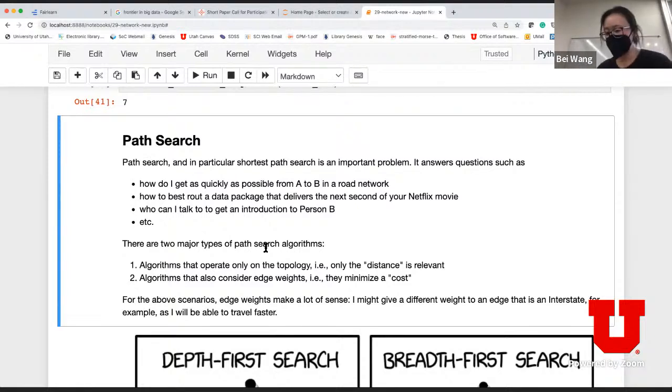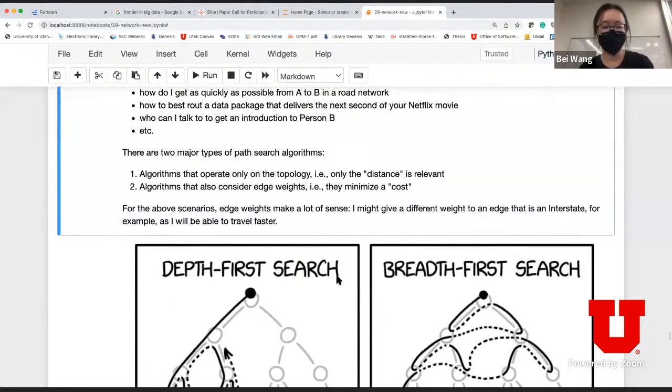So what we're going to do now is focus on search algorithms, and we're only going to do a few examples. There are many other search algorithms, but we're going to focus on depth first search and breadth first search.